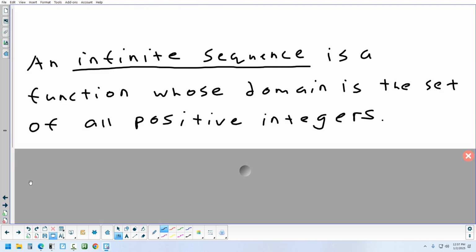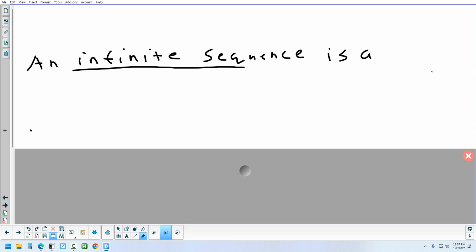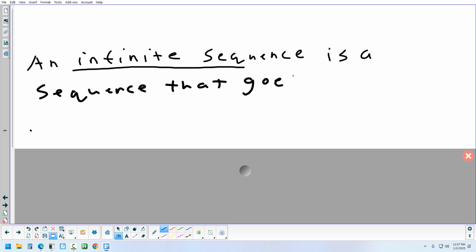I already kind of said this to you, so an infinite sequence. Let me word that a little differently. So an infinite sequence is a sequence that goes on forever, and the way you know that is it would end in a dot, dot, dot.